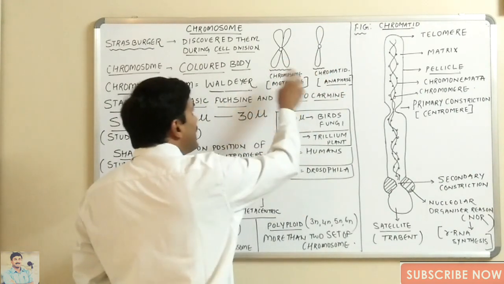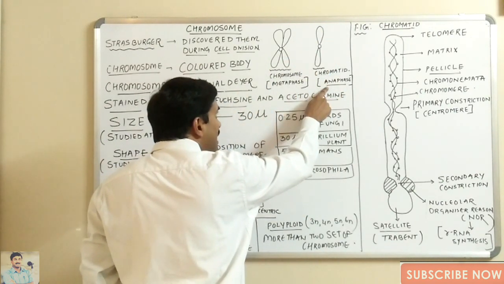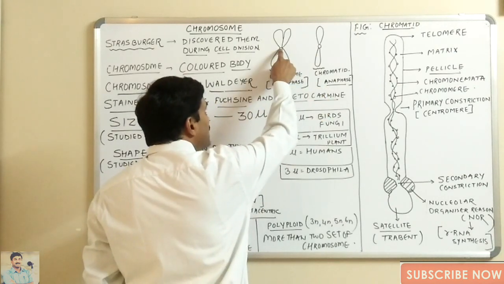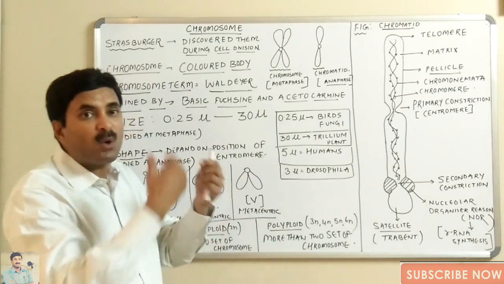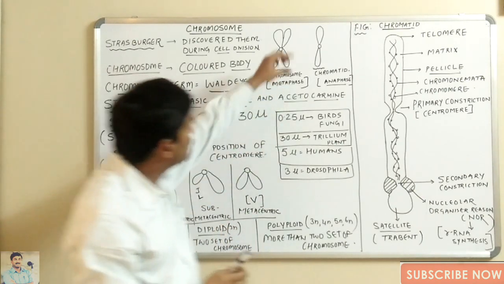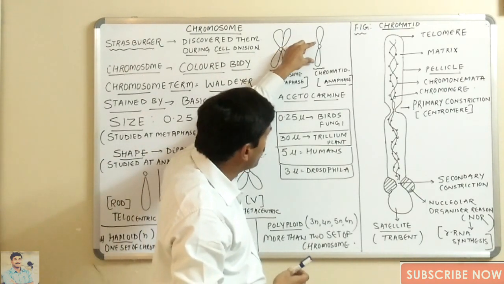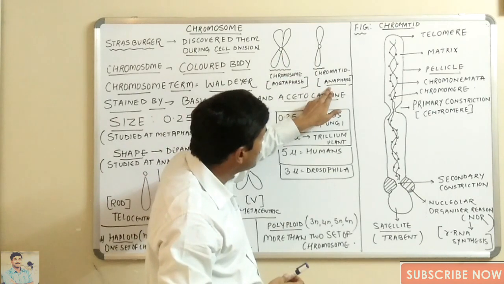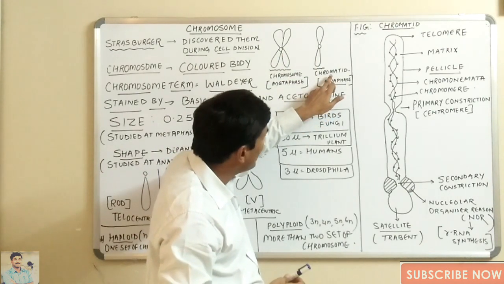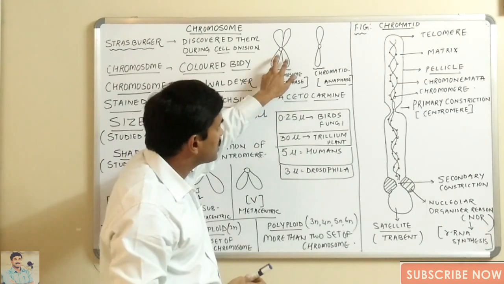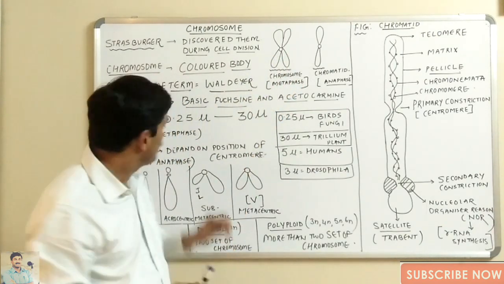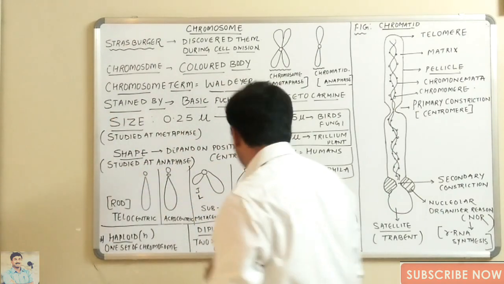What happens in the anaphase stage is that this centromere divides, so with each centromere, one chromatid moves. So this is a single chromatid. Okay, so an anaphase chromosome is like this type. It has a single chromatid, while this is a metaphasic chromosome having the two chromatids. All right, so this was about the size and the shape.